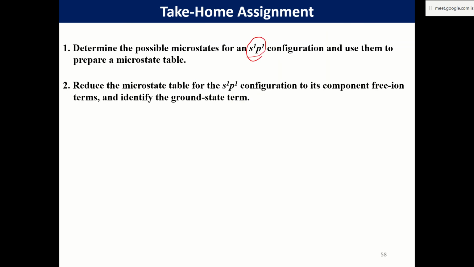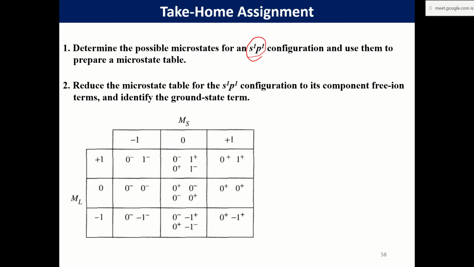So the S1 P1 configuration. Instead of P2, now suppose you have S1 and P1, 2 electrons, but one is in S, another one is in P1. So here it is important to note that 0 plus 0 minus and 0 minus 0 plus both have to be considered as two different terms.